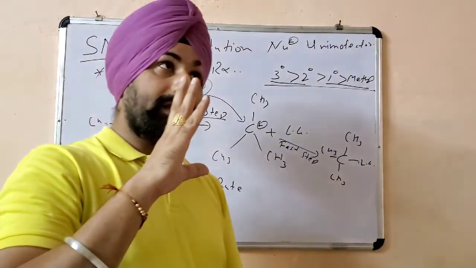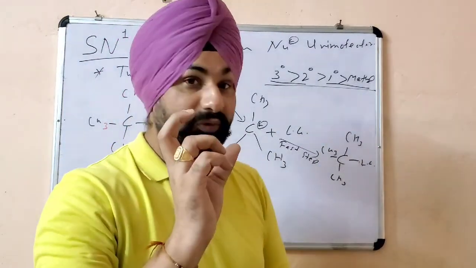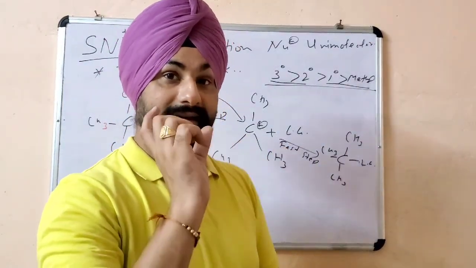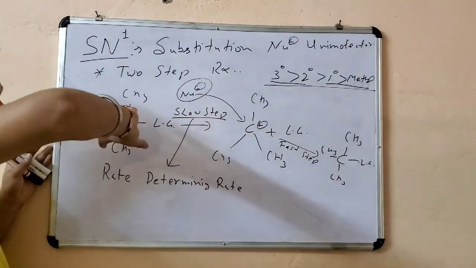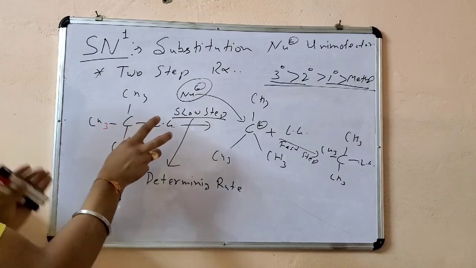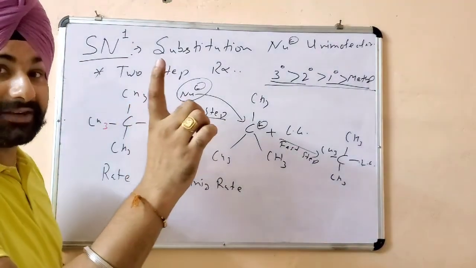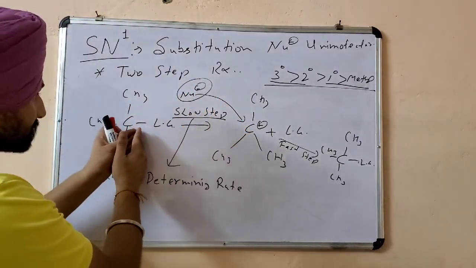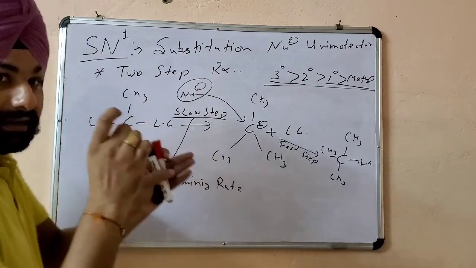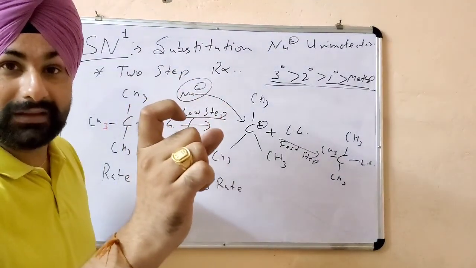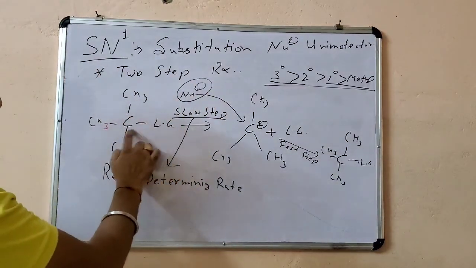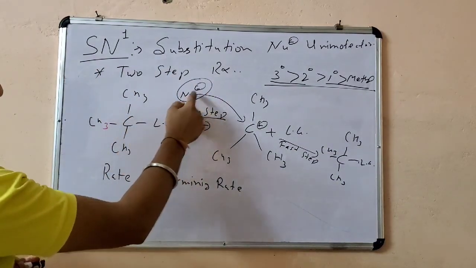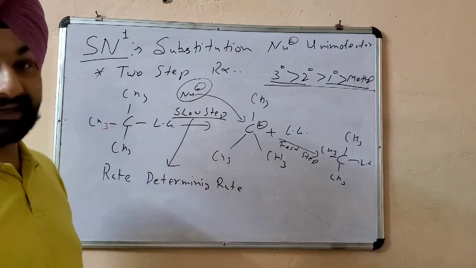Now in chemical kinetics we discuss a part where we discuss that the rotation of the molecules should be appropriate for a reaction to happen. The bonds should be breaking down. Until the bonds are broken, the product will not be formed. Till the time this carbon and leaving group bond is not broken, this nucleophile cannot do anything, right?